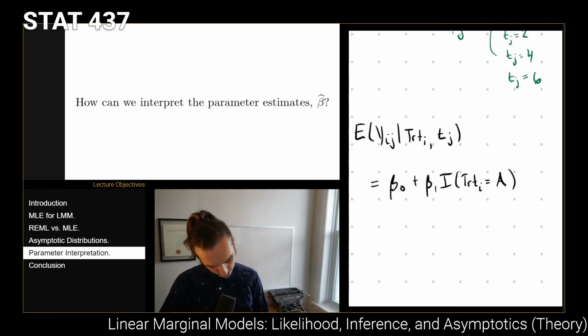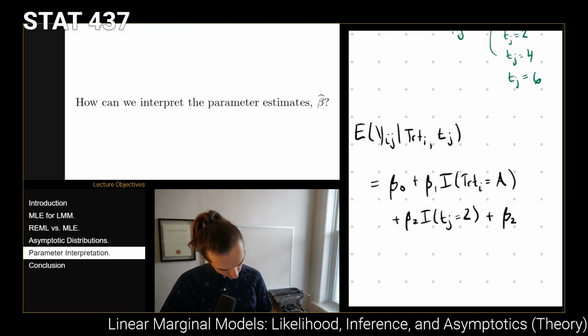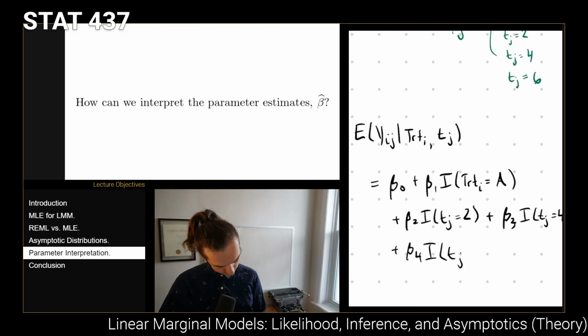And then we're going to have 3 additional parameters for the time indicators. So that's going to be an indicator that Tj equals 2, say, plus a factor for an indicator that Tj equals 4, plus a factor, so beta 4 now, an indicator that Tj equals 6.